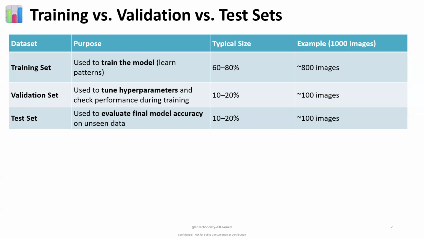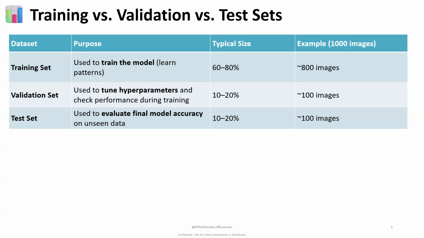And then what is the validation set? It is mainly used to tune the hyperparameters. If you remember my last class, what are the hyperparameters? Batch size, epoch, learning rate, regularization. Those are the hyperparameters, which you will tune here and check the performance during your training.